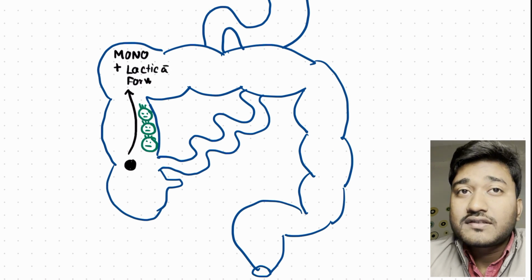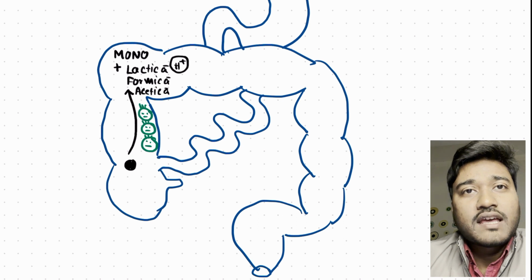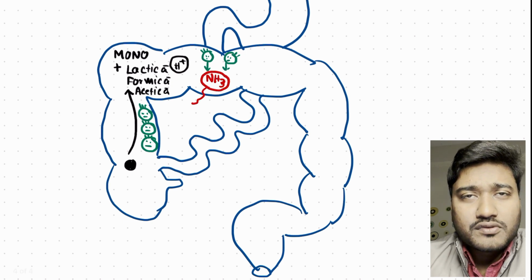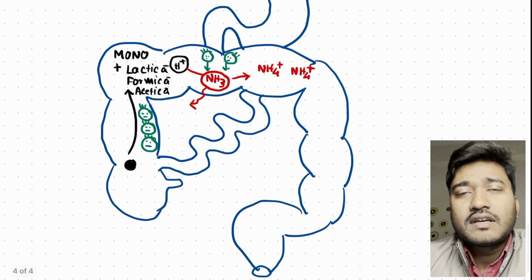They convert it into monosaccharides, that is fructose as well as lactose, and also lactic acid, formic acid and acetic acid. These are volatile acids, and those naughty bacteria which produce NH3, this NH3 combines with H plus and eventually forms the NH4 plus molecule, from ammonia to ammonium ion.